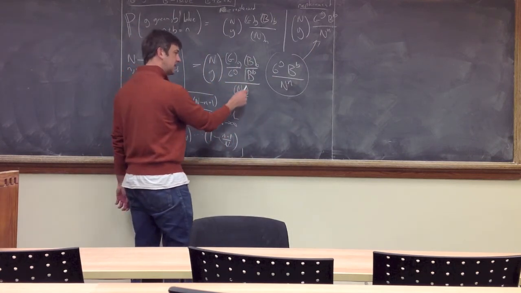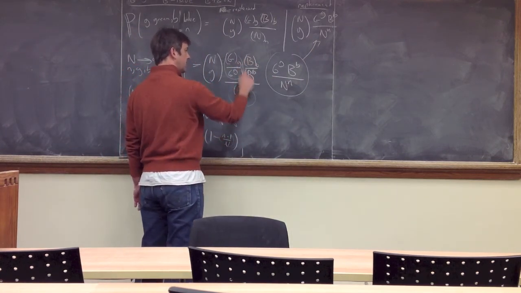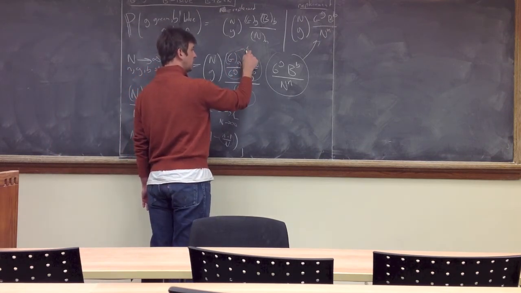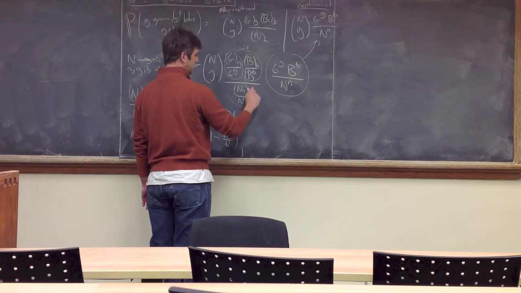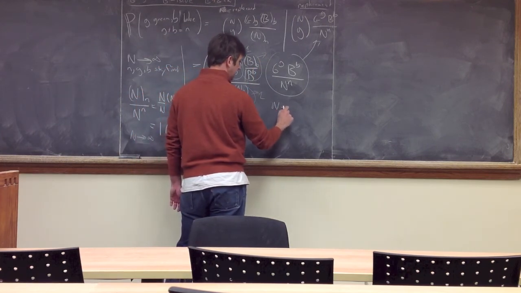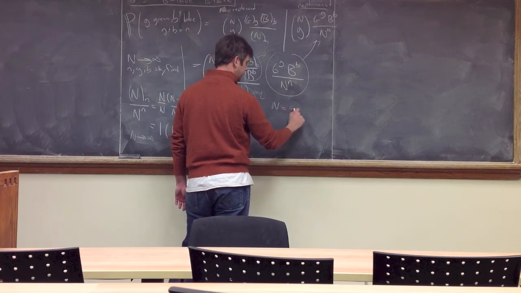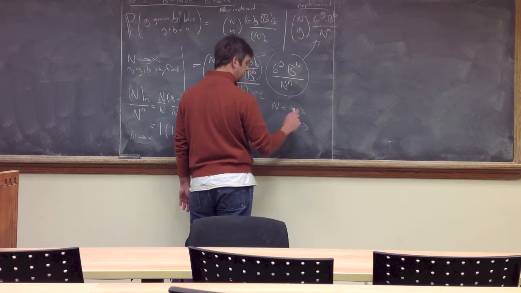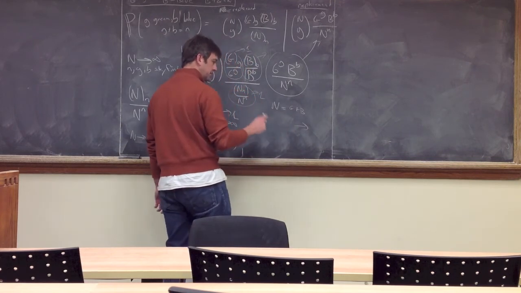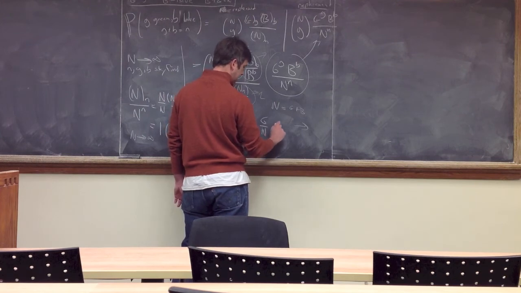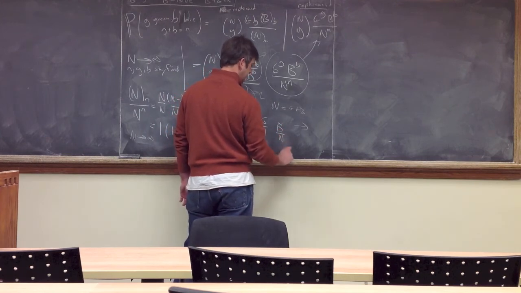And now notice that each of these factors, by this reasoning, goes to 1, as I take N, equal to capital G plus capital B, to infinity, as long as I keep G over N and B over N constant.